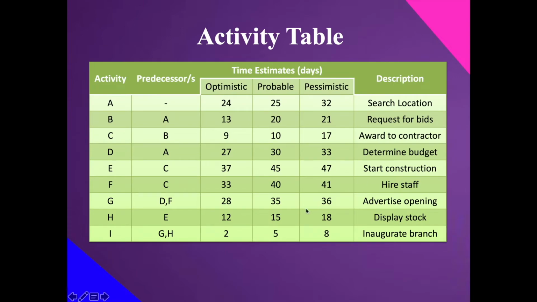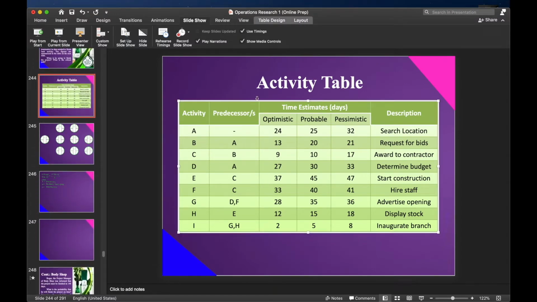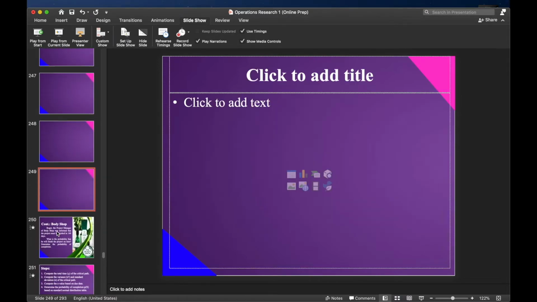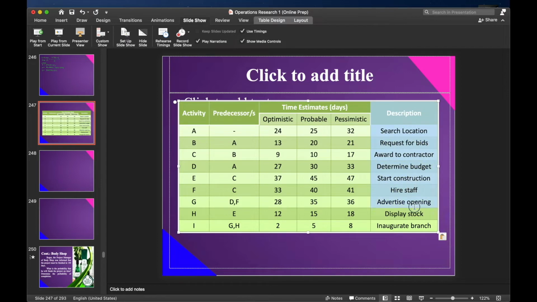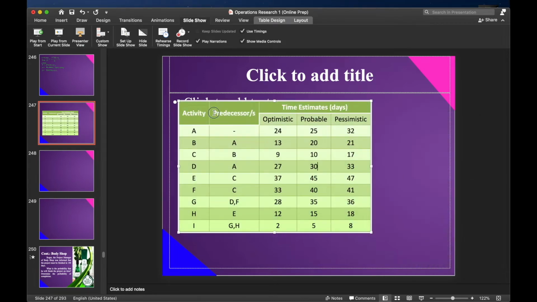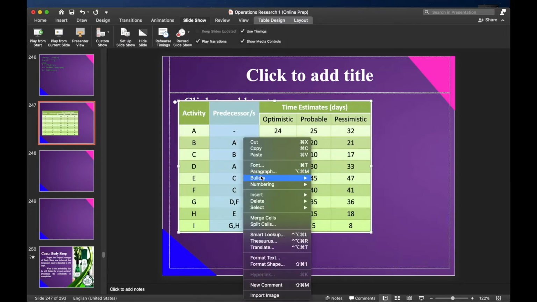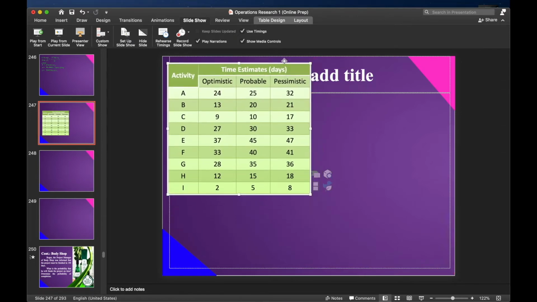Since we have three times here, we will make it into one. So, let's start the computation for our expected time. I will just copy this. Here we will do our computation for our expected time. Then we delete this. Then, this project next one. We will just extend this table.